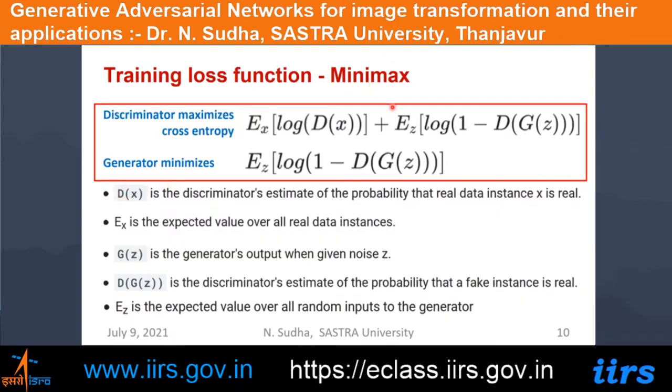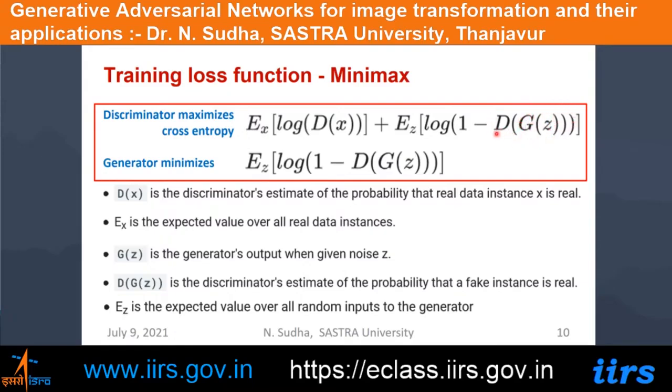Here D of x represents the probability that x is real data. So when you input the real data, what is the estimated probability of the output? And E_x is the expectation, which means we are taking the expected value over all real data instances. G of z is the generator's output, which is the fake image.